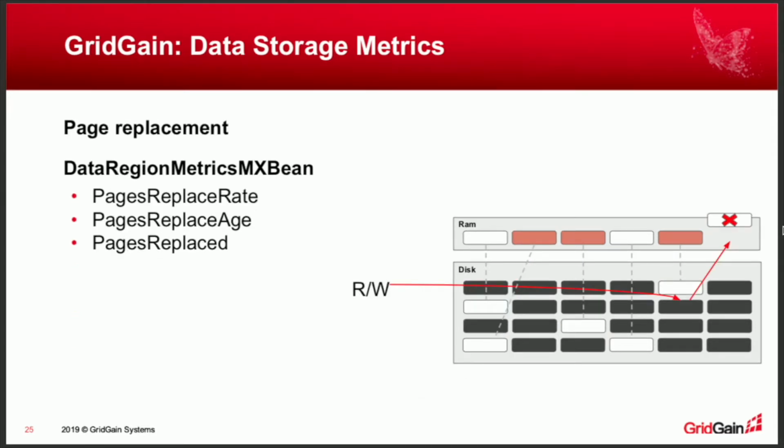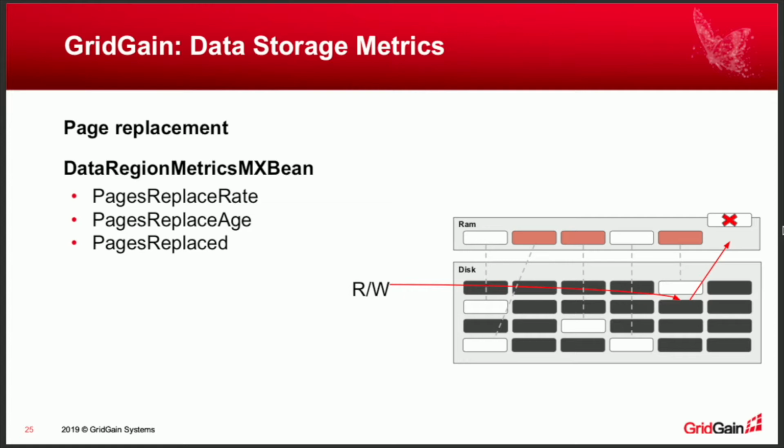And page replacement is another process that affects your application, and it's a situation when you have some operation that needs to be done on the page which is currently on disk. And to do this, you first need to read this page to memory. And in some cases, when you don't have enough memory, then you need to remove one page and put another one in this place.